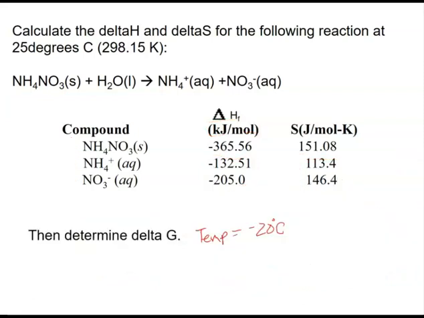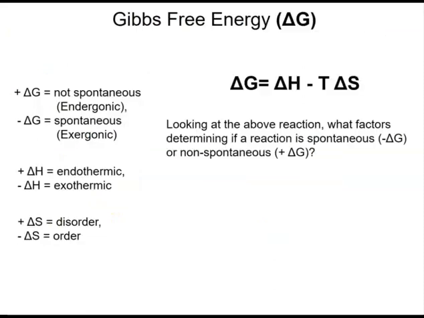Now what I'd like you to try is to recalculate this if the temperature is negative 20 degrees Celsius. So let's look at this Gibbs free energy equation. I would like to have you examine the differences between what these actually mean.